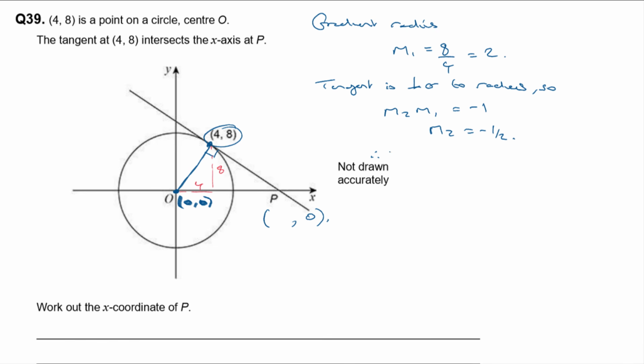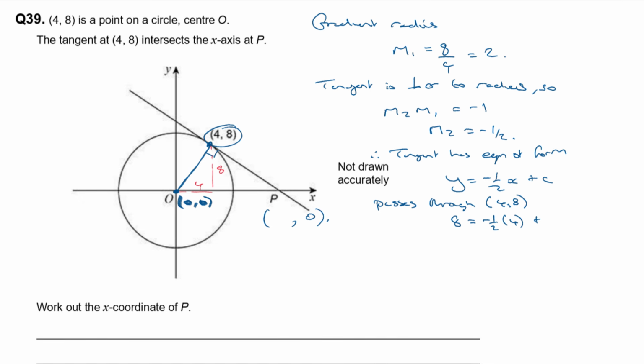So therefore the tangent has an equation of the form y is equal to minus 1/2 x plus c, and we know it passes through the point (4, 8). So subbing those two values in for x and y, we've got 8 is equal to minus a half lots of 4 plus c.